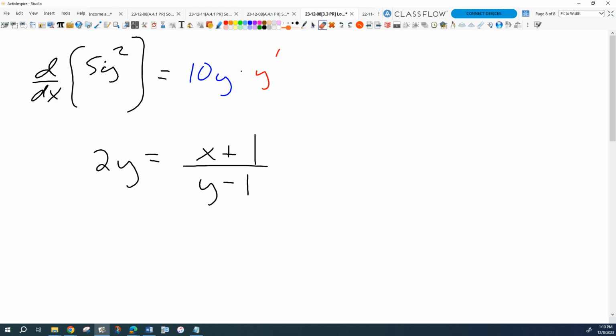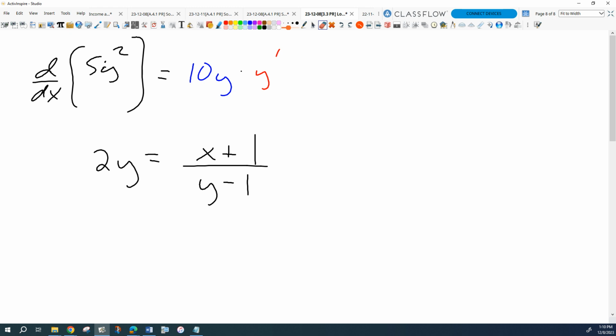Okay. Well, there's a number of things we could do. You could just differentiate the way it is and use the quotient rule. I wouldn't do that. I would rather not use the quotient rule. So I would cross multiply because we have a proportion. Anytime you have a fraction equal to a fraction, we can eliminate the fractions by cross multiplying. Same thing as just distributing y minus 1 through everything, right?